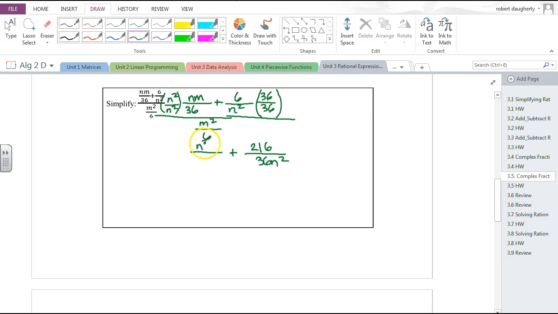n cubed. Okay, wait, so we've got a little bit of, let's back up a little bit. So what we have, so this is the top of the fraction.